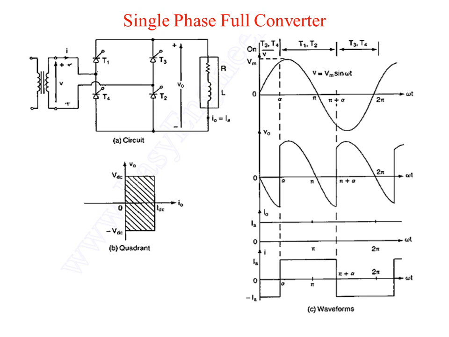Due to inductive load, thyristor T1 and T2 will continue to conduct beyond omega t equal to pi, even though the input voltage is already negative.